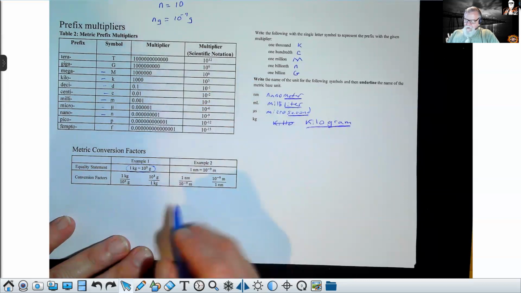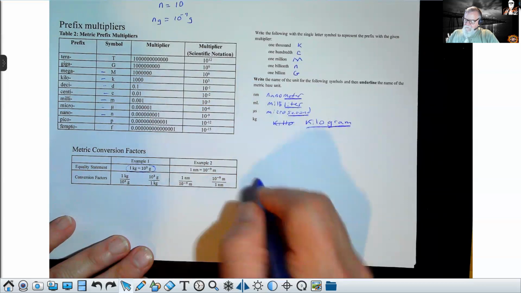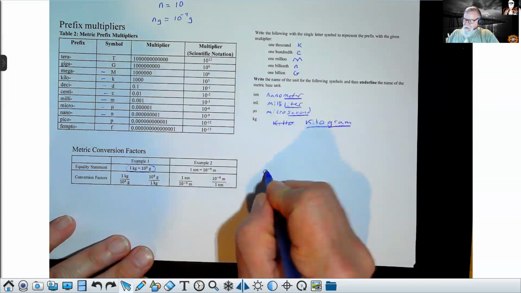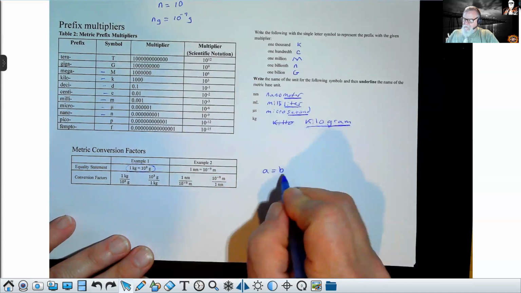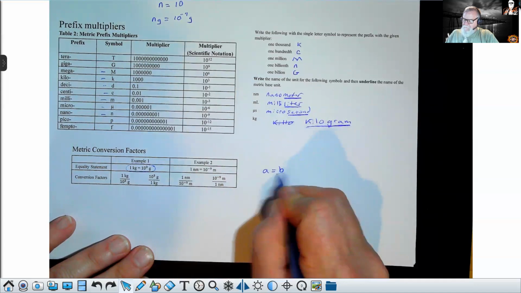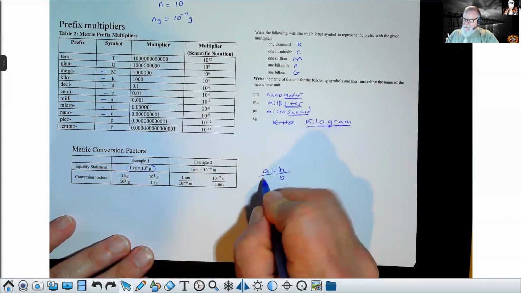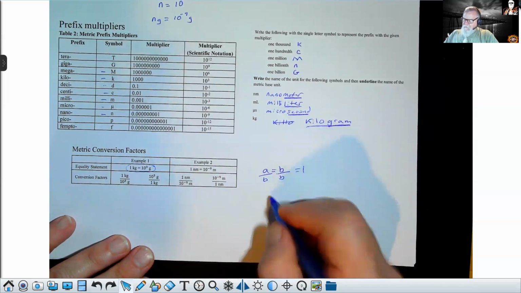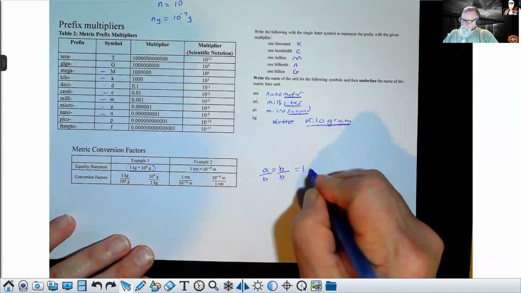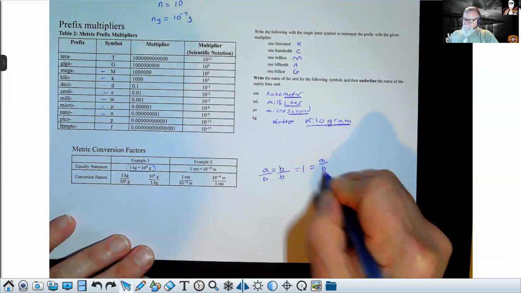So just remember that if I have A equals B, right? And if I divide both sides by B, then this becomes equal to 1. And that means that 1 is equal to A over B, right?